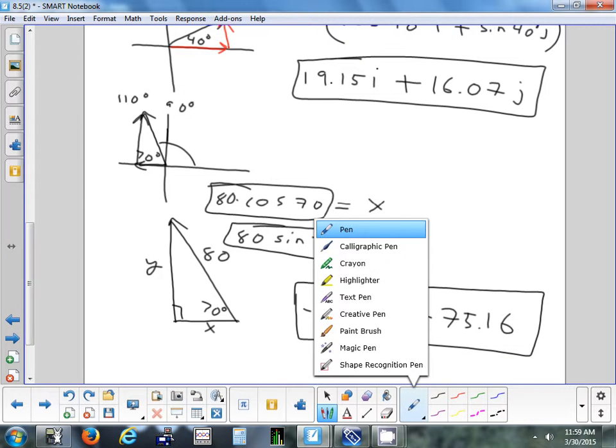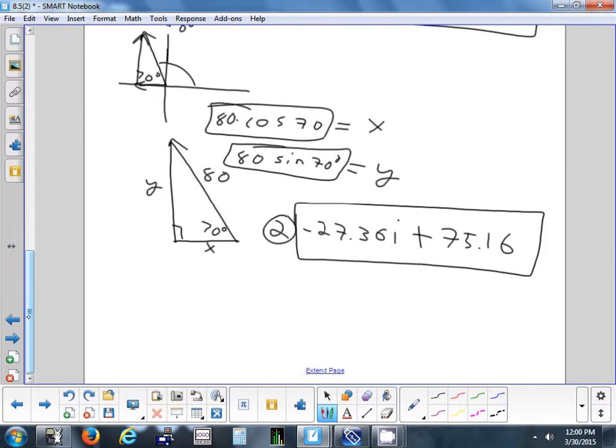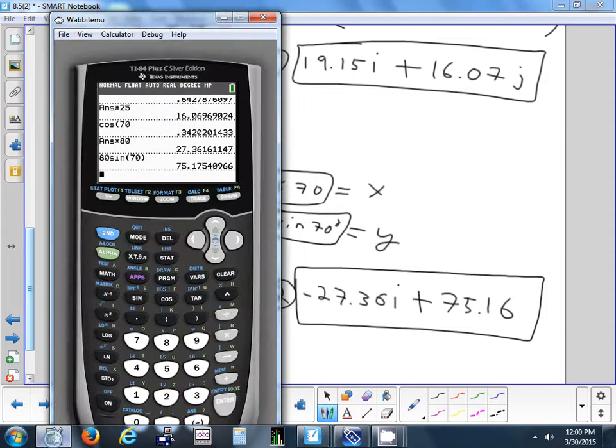All right. So now we've written each vector in its horizontal and vertical component form. Let's call this one first vector, second vector, and now combine them. This is going to be the resultant vector. This part's easy. Just take your i's, add them up. So we have 19.15 minus 27.36.